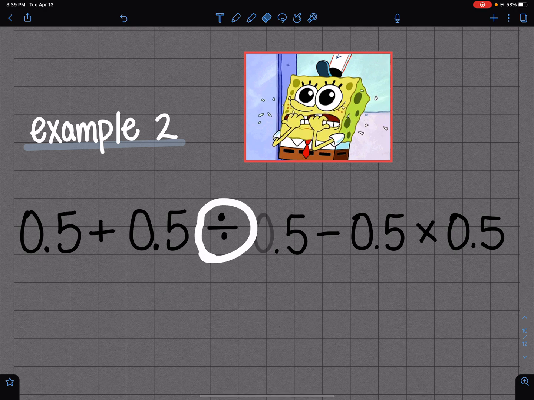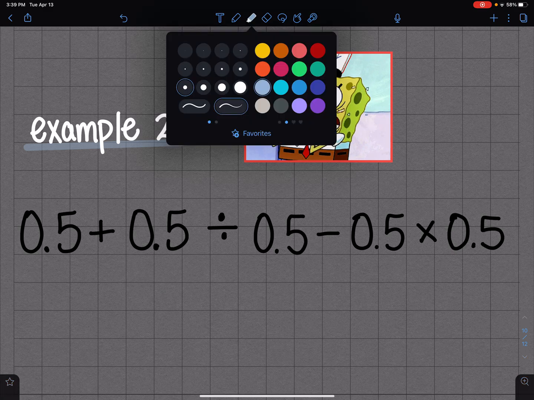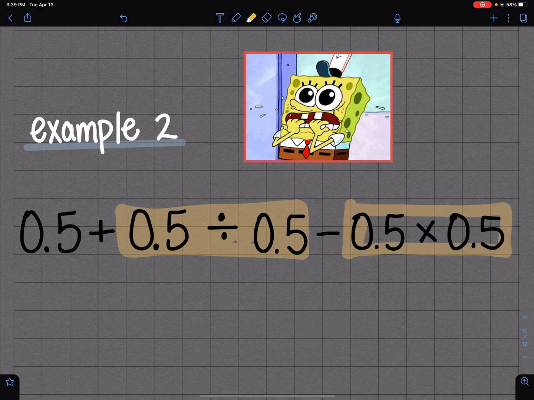So here's a divide. Here's a multiply. So we're going to do those first. I'm just going to highlight the ones we do first.